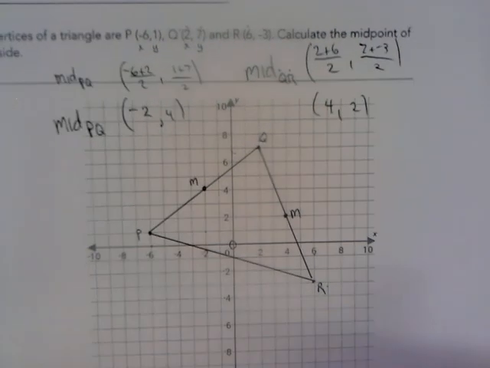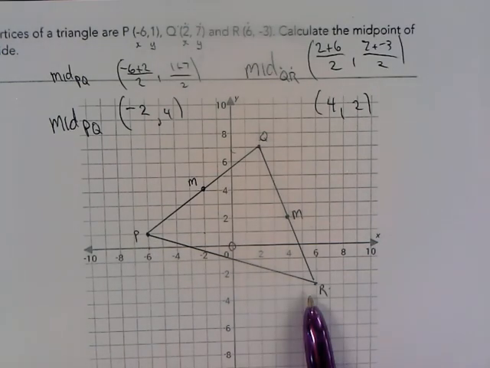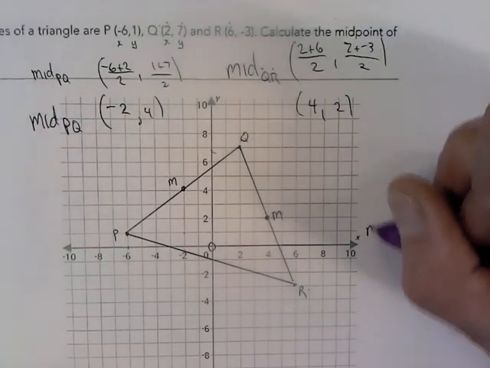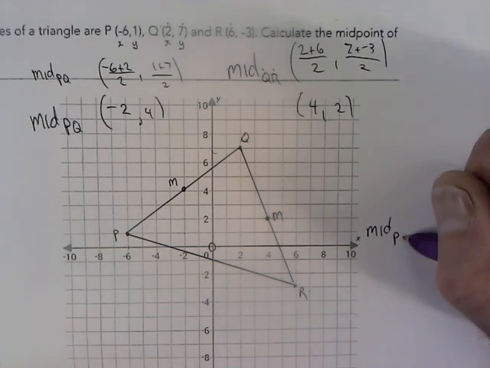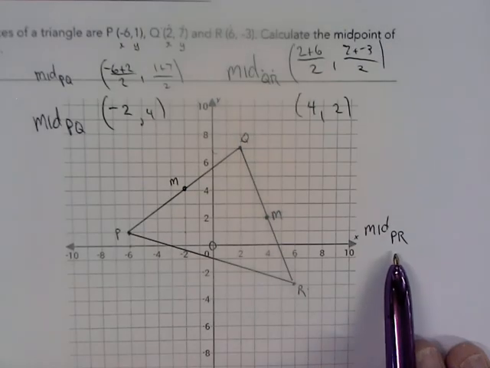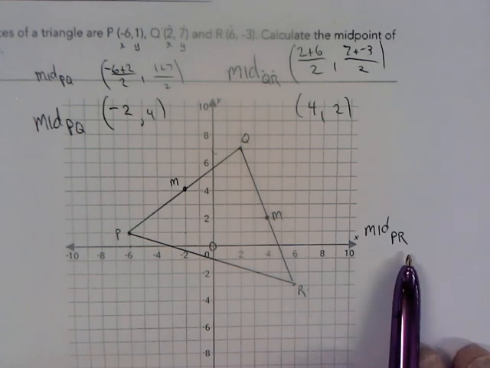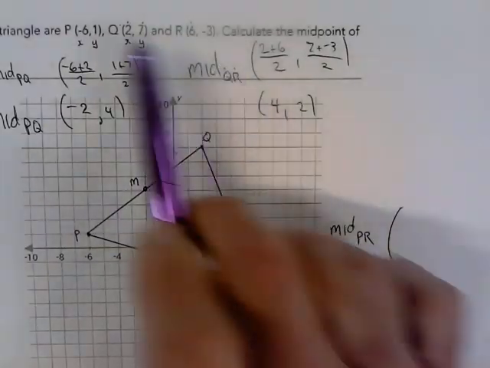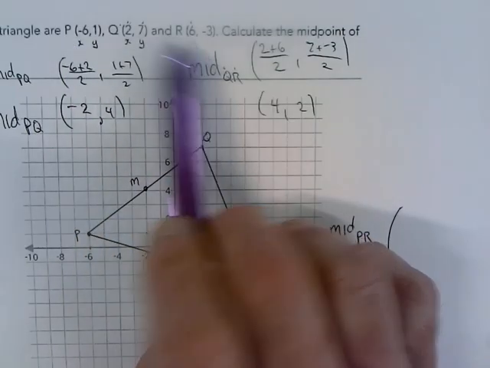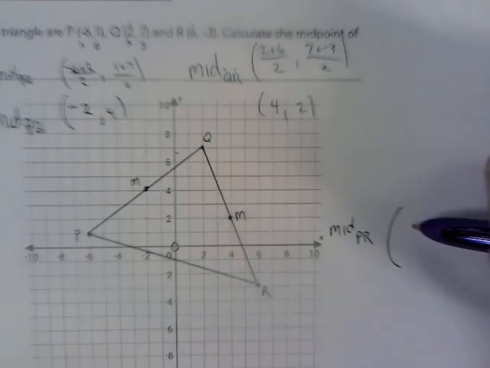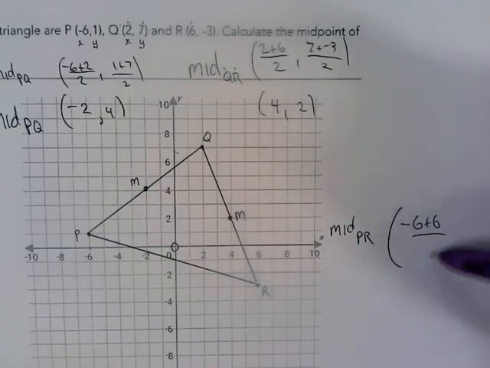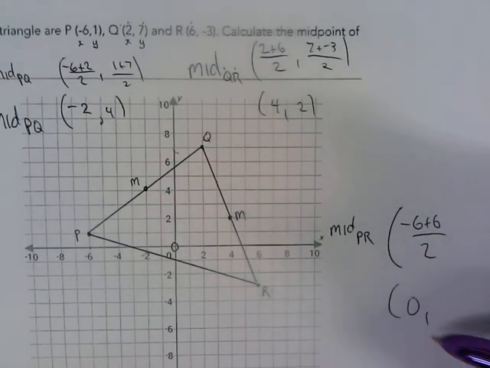And the last midpoint is from P to R. So midpoint PR. And let's notice how we're labeling these. Make sure you label clearly. Say which two points you're finding the midpoint of. This was the midpoint of P to R. Okay? P to R. -6 plus 6 divided by 2, that is 0.